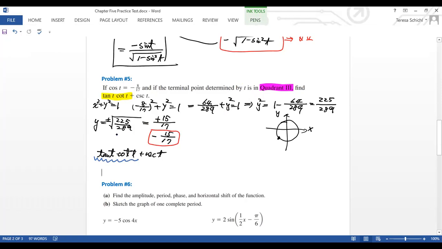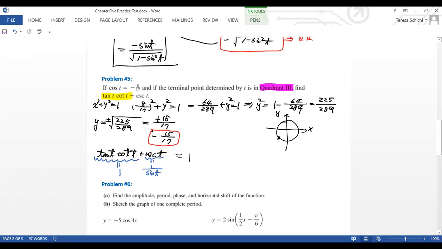They are reciprocals of each other, correct? So tangent t times cotangent t will give you 1, all right? And then cosecant t is what? It's 1 over sine t. So now let's see what our final answer is here. So this is 1.